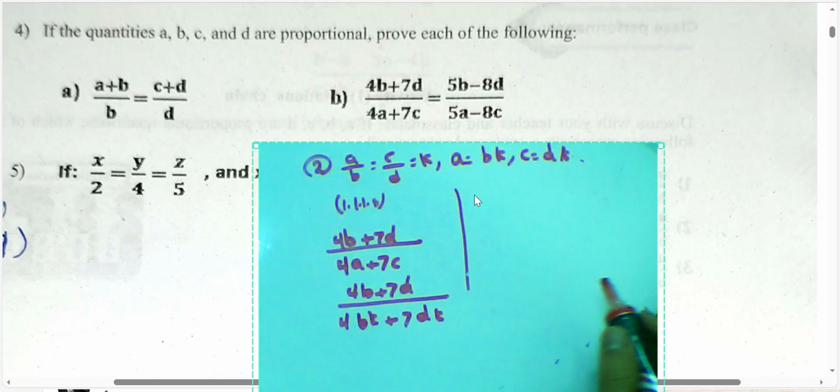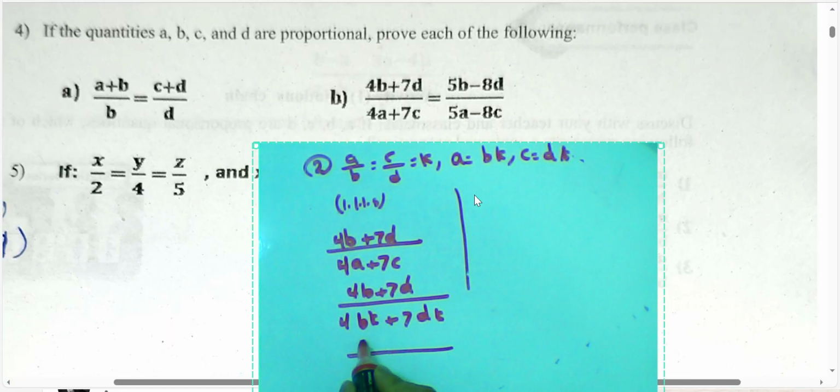Okay, and then you can write, we have 4B plus 7D over, write down K has cofactors, then we have 4B, and the remainder here will be 7D. They are similar, cancel, the result will be 1 over K.